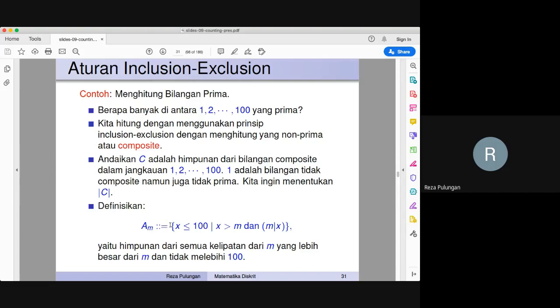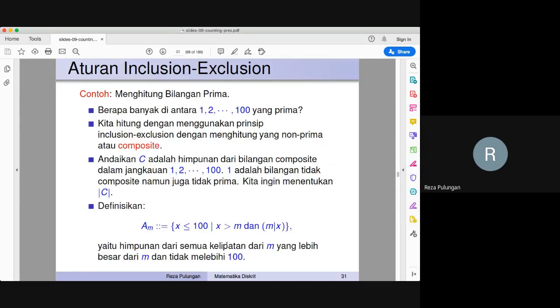Am is equal to the set of x such that x is less than or equal to 100, x is larger than m, and m divides x. Look at this: m divides x. So this is the set of all multiples of m that are larger than m but not exceeding 100.